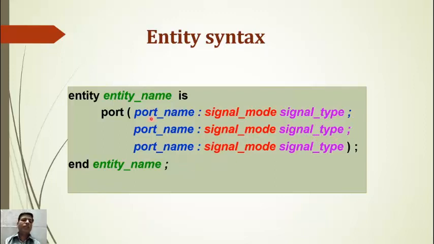In this way, whatever the IOs in case of digital system, all IOs we are defining in the same manner. Port name, then colon, then signal_mode, and then signal_type. Then end entity_name. Whatever name we are assigning for that entity, the same name we use to end that entity. So this should be the entity syntax. So always keep in mind the syntax for entity.